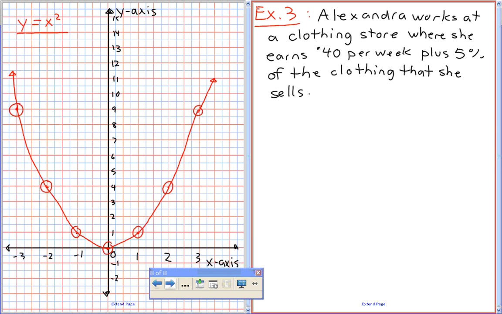Again, Alexandra works at a clothing store where she earns $40 per week plus 5% of the clothing that she sells. We're going to say A, model this with an equation.